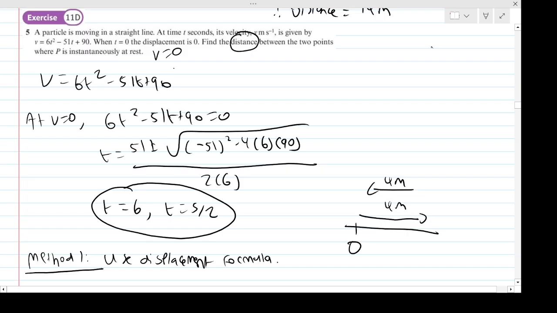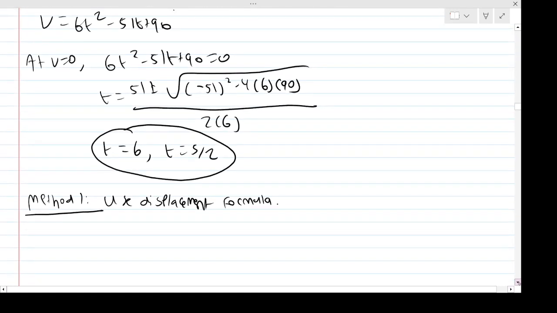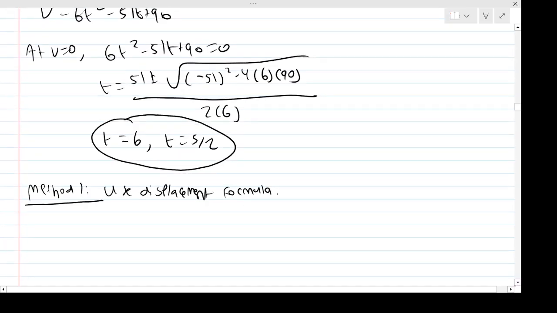So if we returned back to where we started at O, then we've not moved anywhere really, so the displacement will be 0. So the 4 meters cancel each other out because they're going opposite directions. So that is the main difficulty with these questions, is how delicate displacement is, because it could be negative, it could cancel out. So we need to pay very special attention. But okay, how are we going to deal with that then?